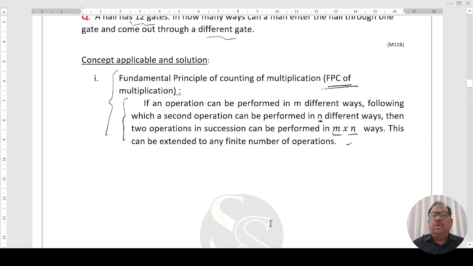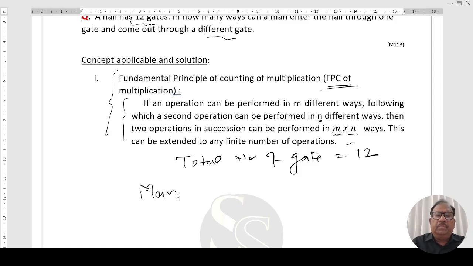In this case, the total number of gates is 12. A man can enter the hall in 12 ways.